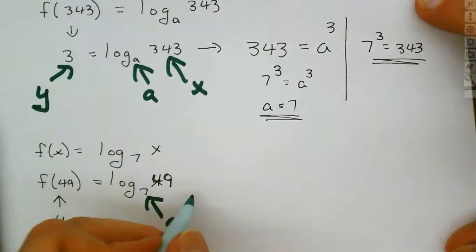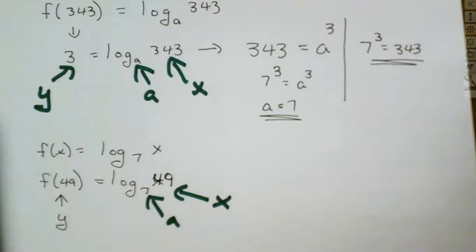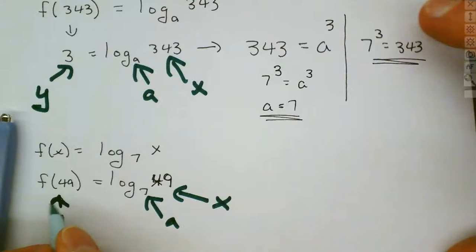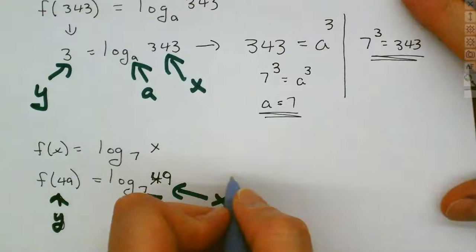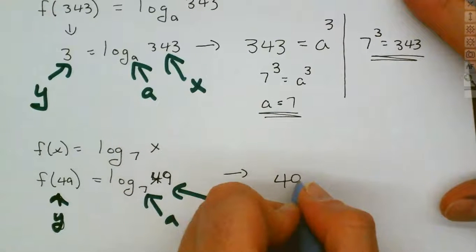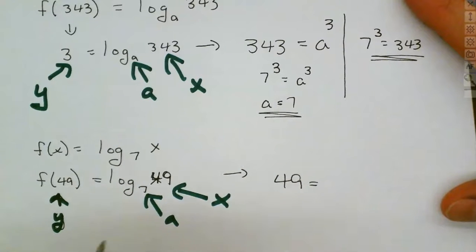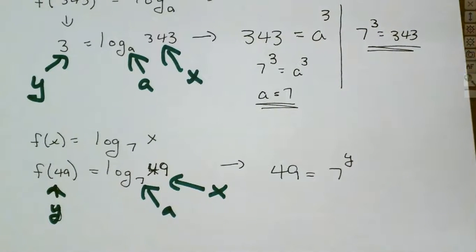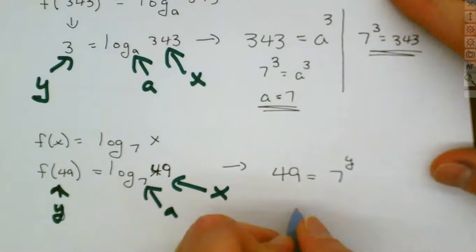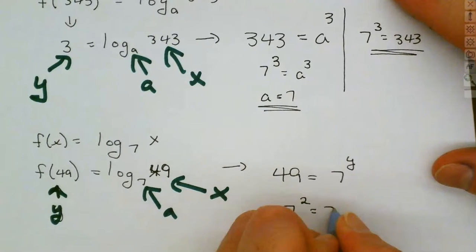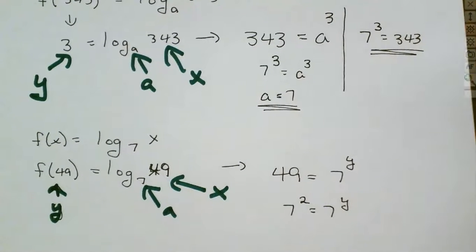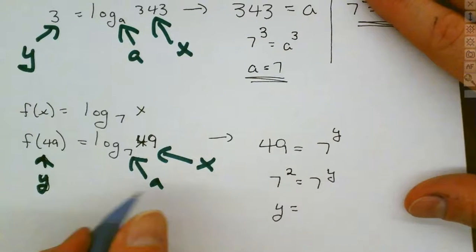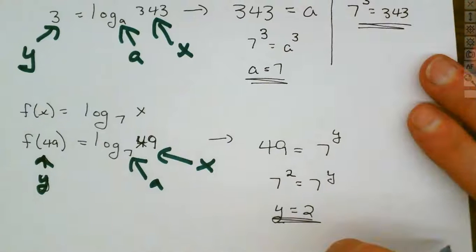That's your a, and this part is your x. So when I convert it, I now get 49 equals 7 to the y power. And what do we know about 49? 7 squared. So 7 squared equals 7 to the y power. And we know that the bases are the same, so therefore the exponents must be the same. So y must now equal 2.